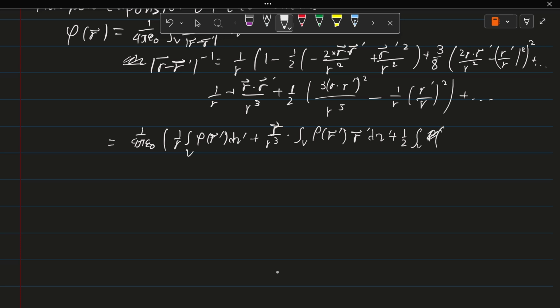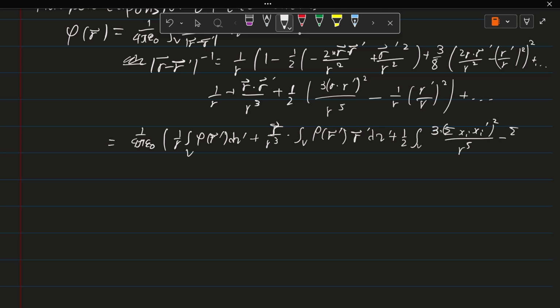Let's just do the thing inside first. It will be 3 times the sum of x_i and x_j prime, everything here squared, divided by r to the power 5. Sorry, at the front there should be a 3. There we go.